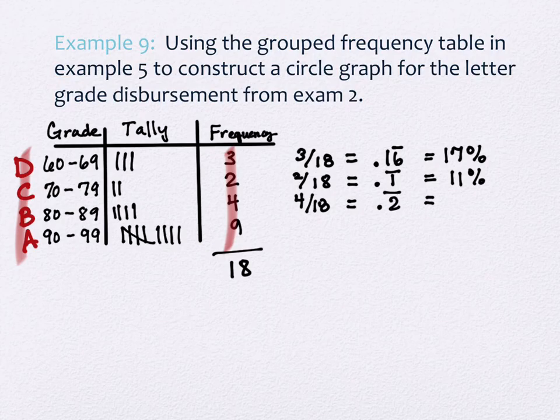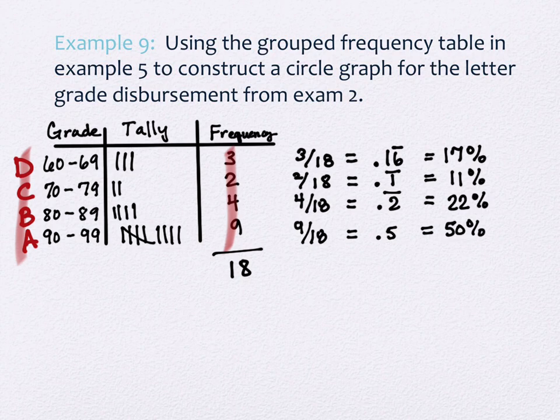If you multiply that by 100, round it to the nearest percent, you get 22%. And how about 9 over 18? That's 0.5. What is 0.5 if you multiply by 100%? 50%. Okay, are we good so far?